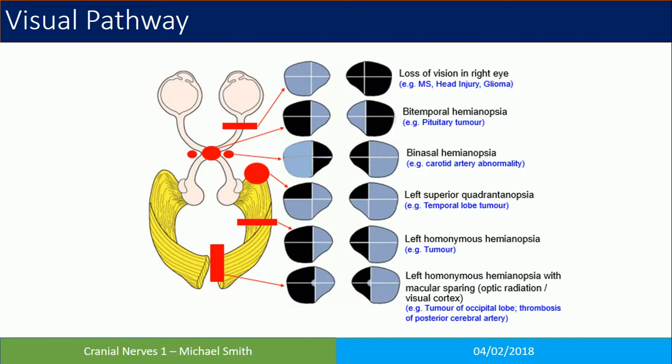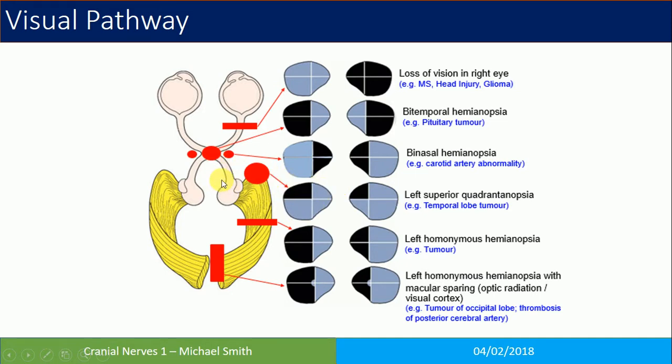So the inferior fibers, which carry the superior part of our visual field, travel through something called Meyer's loop, which travels into our temporal lobe. And if we have a lesion, therefore, in our temporal lobe, that will damage our inferior fibers, so it will damage the superior part of our visual field.